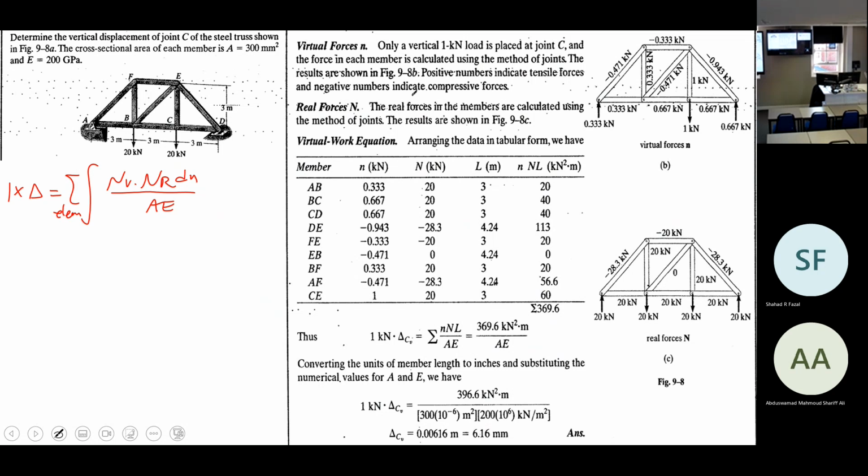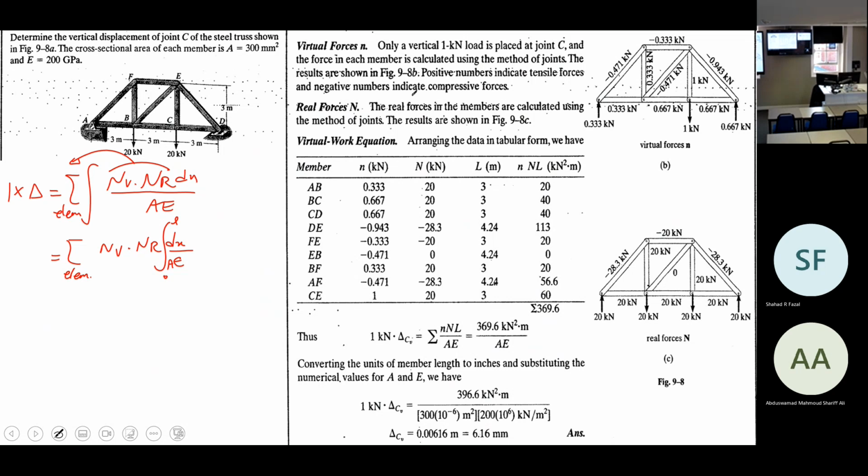That's why N_V and N_R can come out of the integration, because they don't depend upon x. They are constant in each element. And AE can also come out of the integration because they are constant as well.